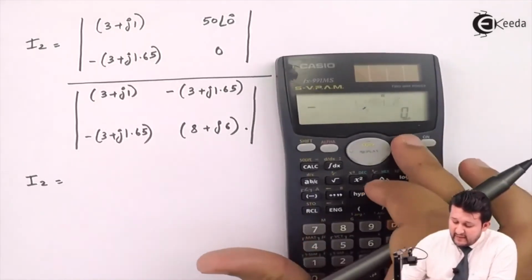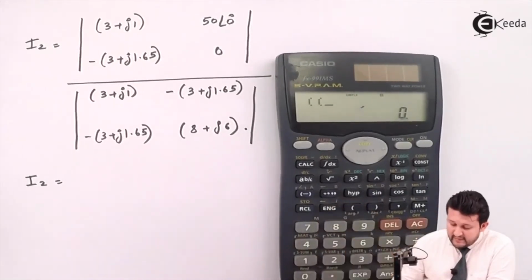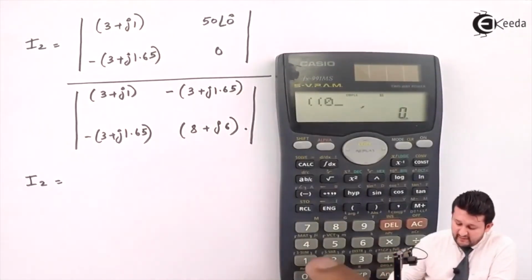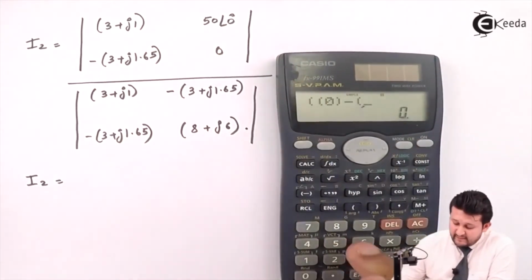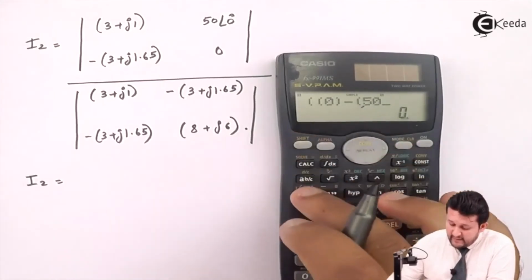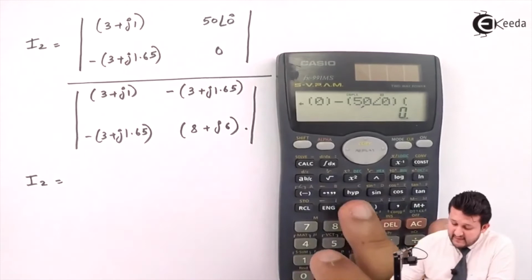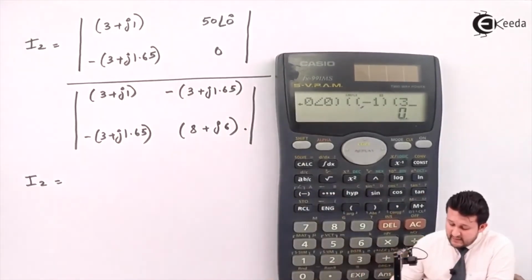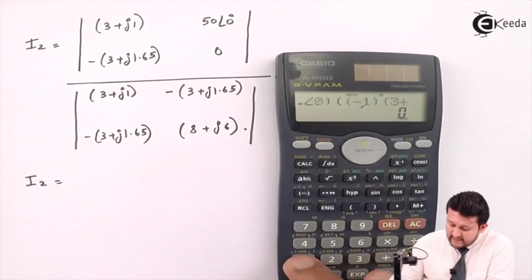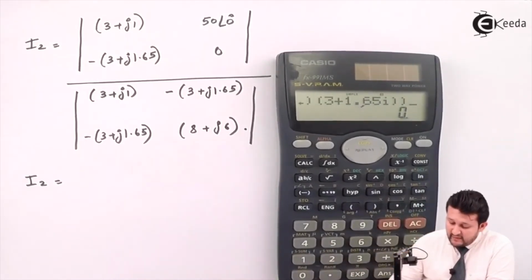Let's simplify independently. Mode, complex mode, bracket, numerator. Let's simplify the bracket. If you multiply this with this, you'll get value 0, bracket close, minus, bracket, this was this, so you'll get 50 angle 0, bracket close, bracket. You have a minus, and outside write minus 1, bracket, this is 3 plus 1.65I, bracket close, the whole bracket close for the numerator.